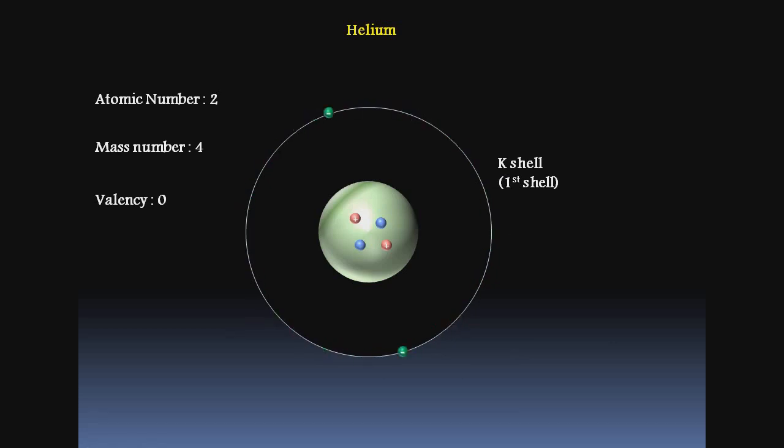The maximum capacity of K shell is 2, and there are 2 electrons in the K shell, and hence helium becomes stable. That is why it is a noble gas. It doesn't want to combine with any other atoms, and hence valency is 0.